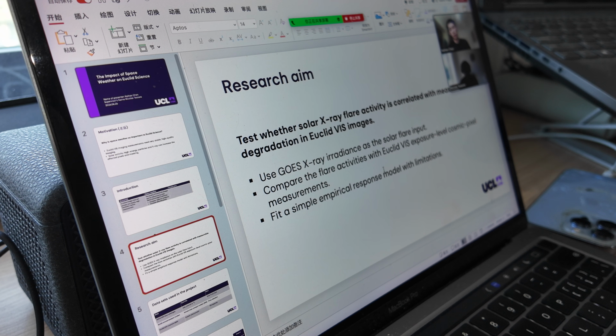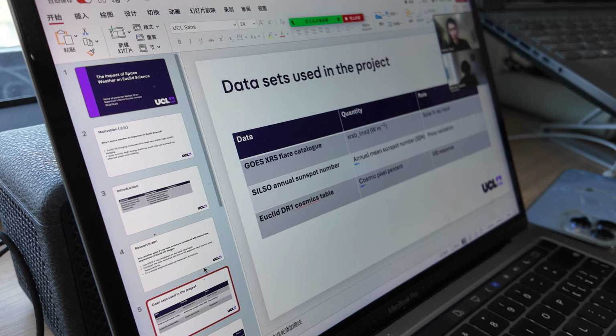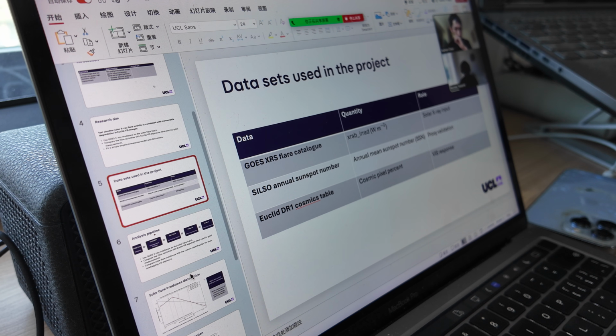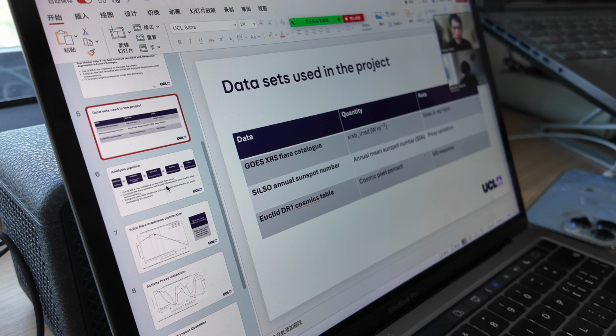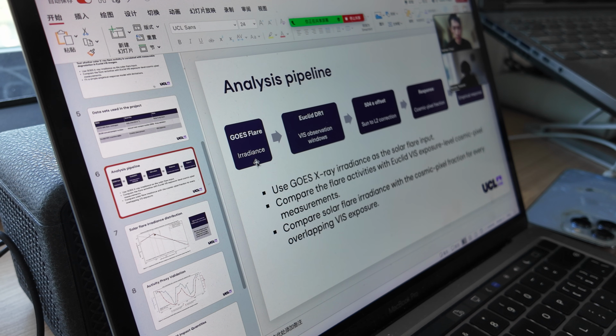Then I will go through the data I use in this project, and the pipelines, to give the audience an overall structure of the project.